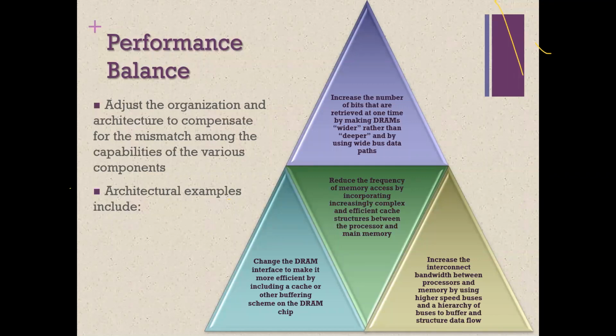So here we look at the increase in the number of bits, for example, that are retrieved at one particular time by making the DRAMs, the dynamic RAMs, wider rather than deeper by using wide bus paths. So what we're saying here is just like a typical example I can give you is the street in front of our campus at Tesano. I think it's called J. Kufuor Avenue.